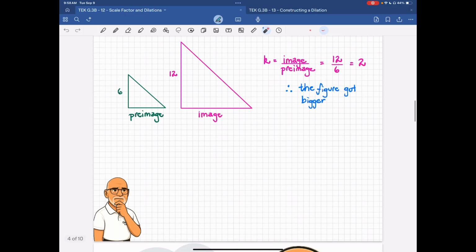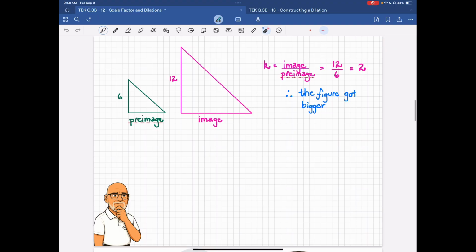If we move to our next example, we're going to see very similar types of issues. We have our green pre-image, which is a right triangle. We have our pink image, which is also a right triangle. And I know that because of the corner markers that are right here. And so what I'm going to do is I'm going to measure a side.